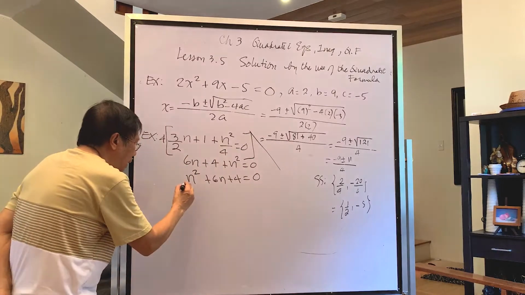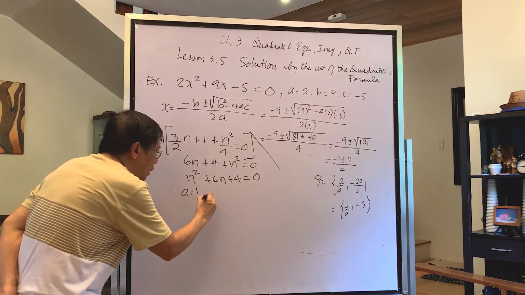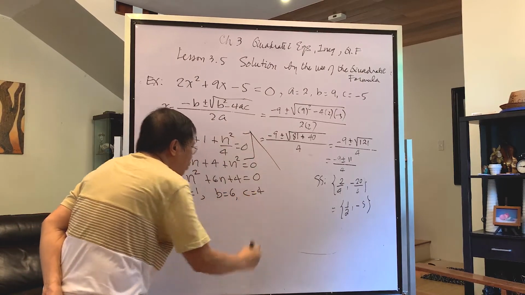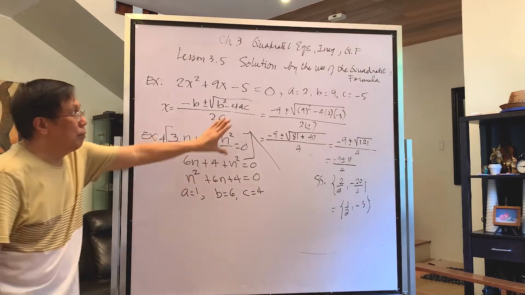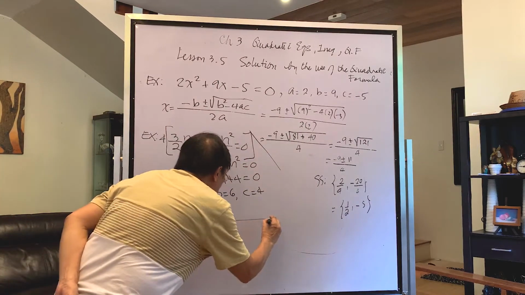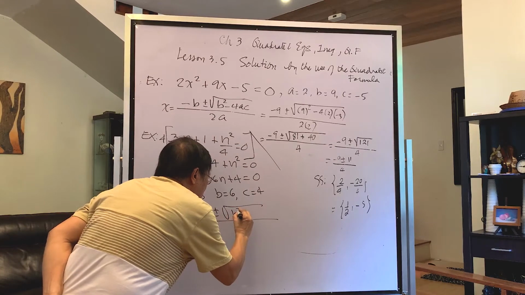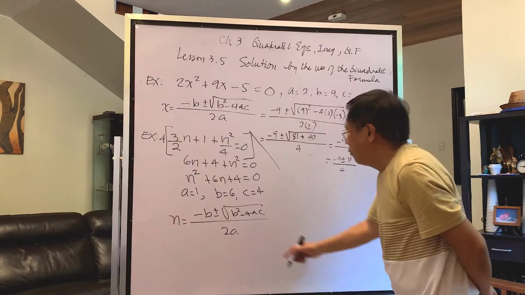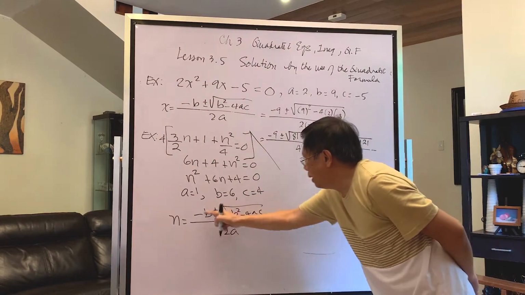Identifying what is my a here, the coefficient of the squared term, that's a 1. B here is a 6, and C is a 4. Again, using the quadratic formula, our n will be equal to negative b plus or minus square root of b squared minus 4ac all over 2a. From these values, we now substitute them in this formula.